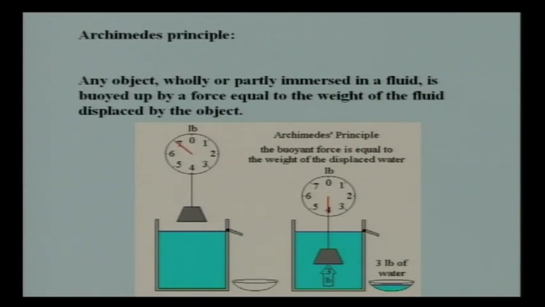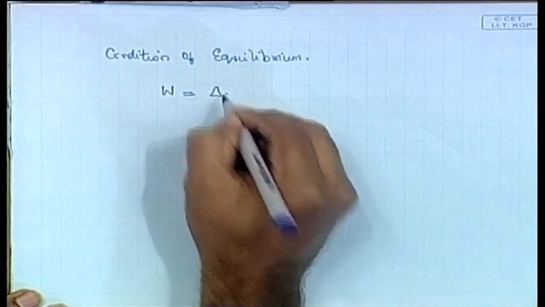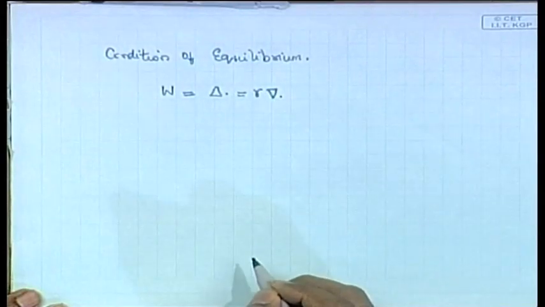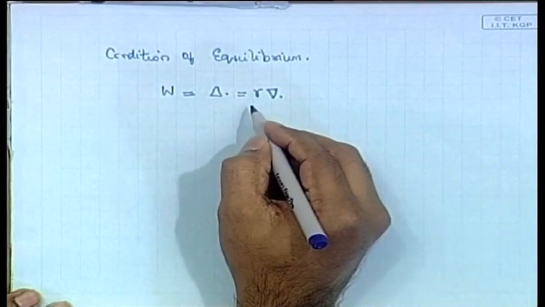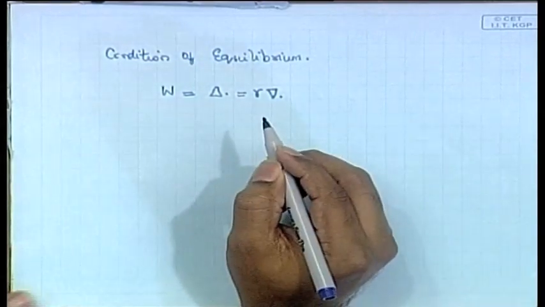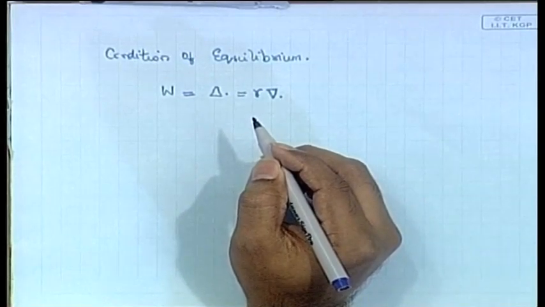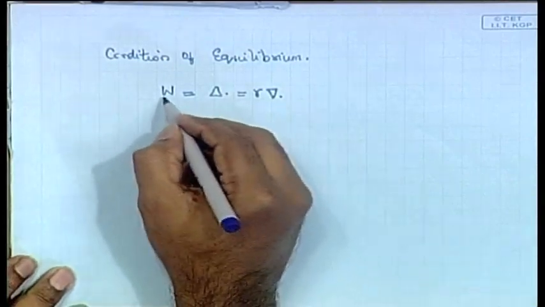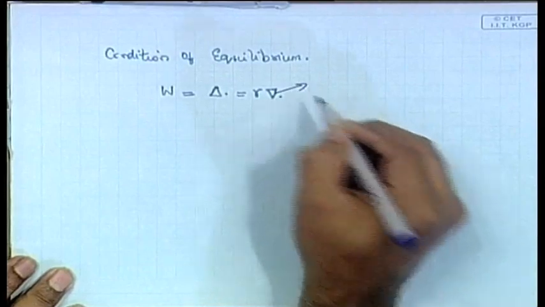Okay, then let us suppose that W is the weight of the body, it is balanced by the delta. Delta is equal to gamma into del. Okay, gamma is rho into g. So, W is the weight of the body. If you look at this picture, let us suppose that the weight of that is W. W is equal to delta, which is gamma into del, del is the submerged volume.